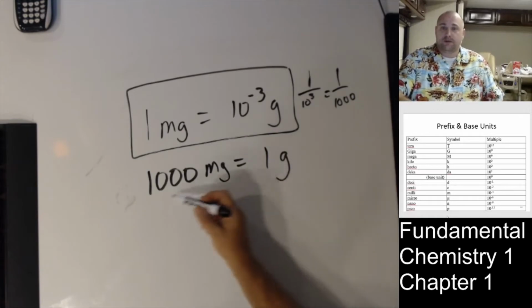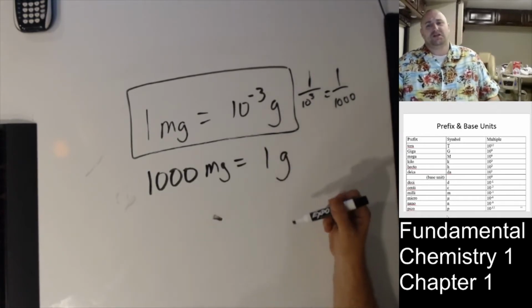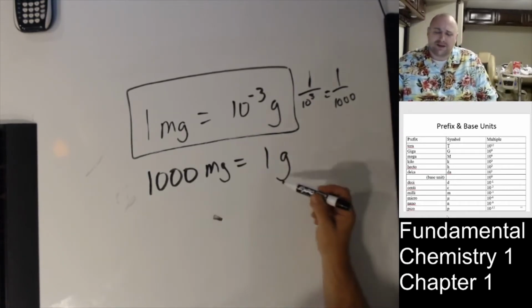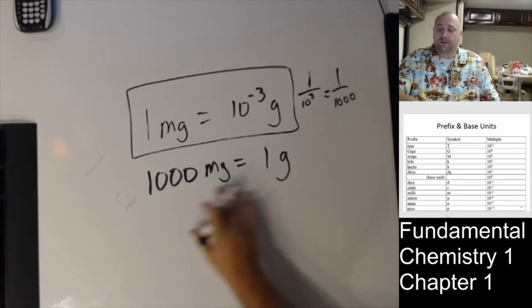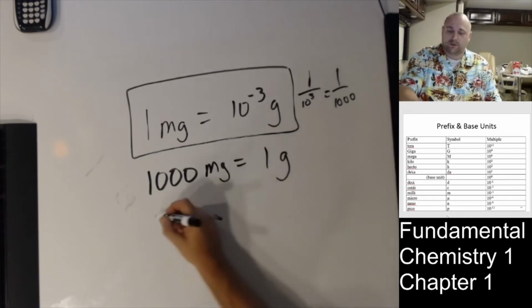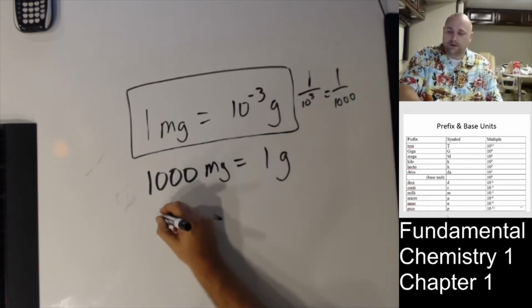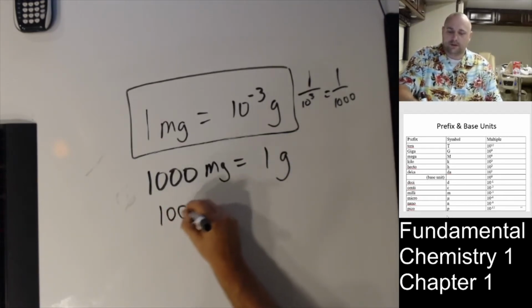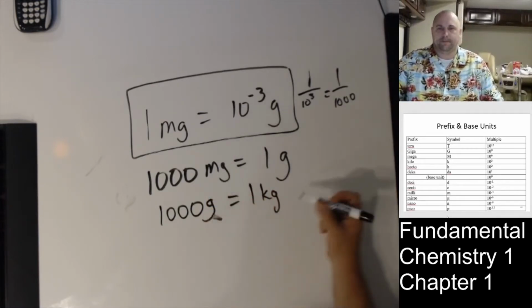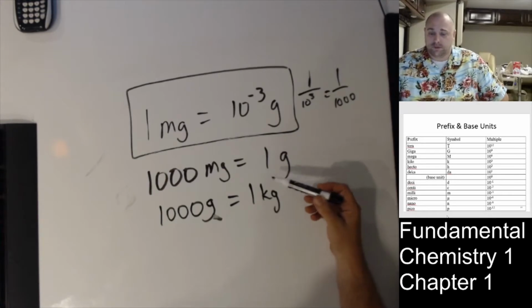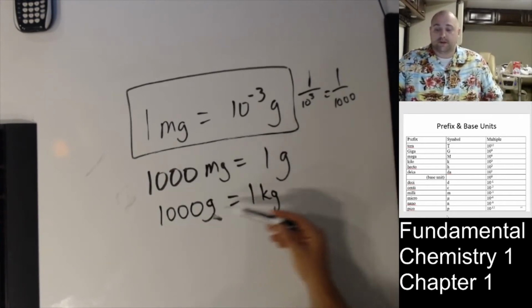Now, the problem with this system, I'm not going to tell you you can't do it, but I see time and time again students tell me, oh, but I know that system. And then they put the 1,000 on the other side. And here's the problem with that, because 1,000 grams equals 1 kilogram. And the problem they run into here is, which side does the 1,000 go on?